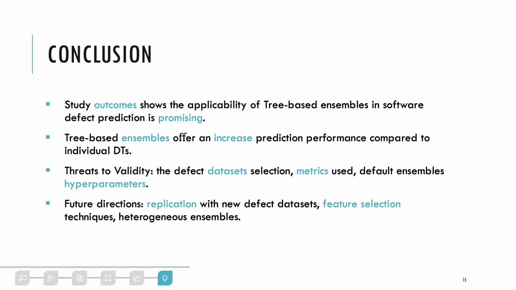For future work, this work can be extended by replicating the experiment with new software defect datasets. In addition, the prediction capabilities of heterogeneous ensembles can be compared against our presented tree-based homogeneous ensembles.